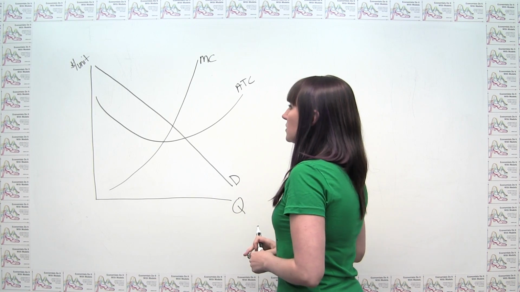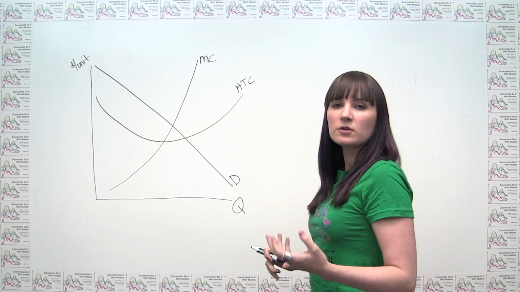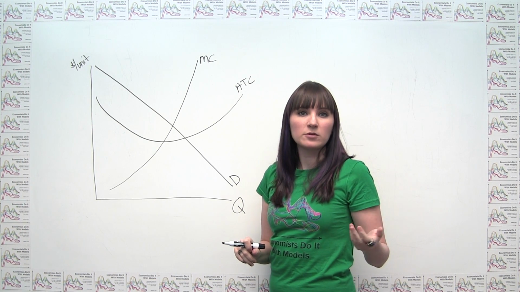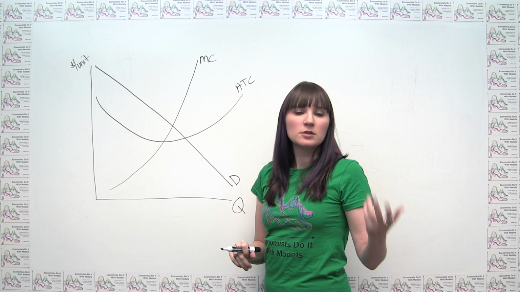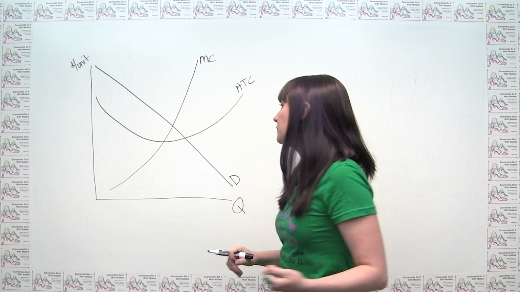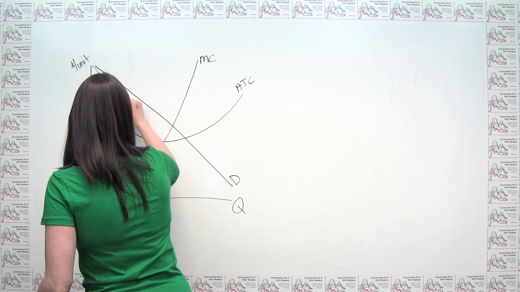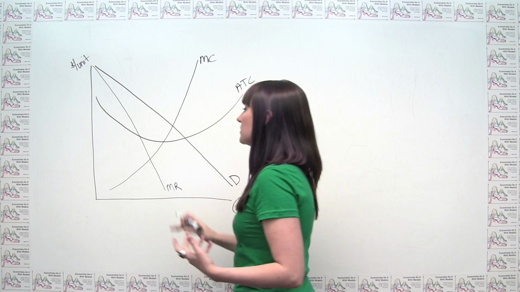And then we also are going to need a marginal revenue curve. Because remember, in order to maximize profit, we're going to be looking for the quantity where marginal revenue equals marginal cost. So we're going to have a curve for marginal revenue and a curve for marginal cost. Given what we have so far, our marginal revenue curve is going to look something like this.